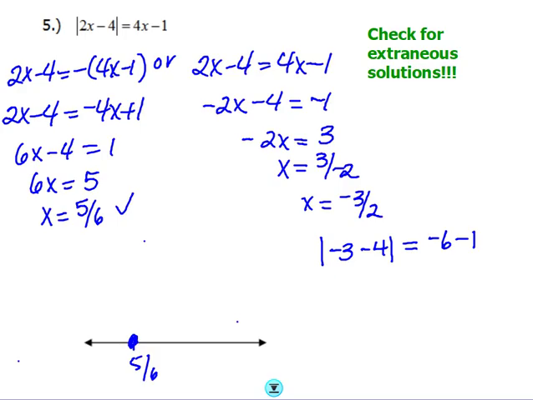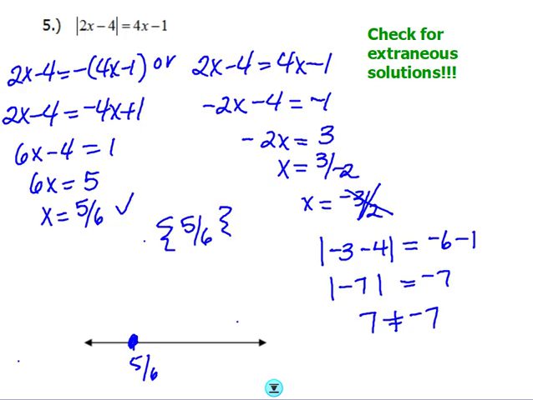So we get the absolute value of negative 7 is equal to negative 7. But remember, the absolute value of negative 7 is actually 7, which does not equal negative 7. So that's going to make my negative 3/2 extraneous. So the only solution here is 5/6.